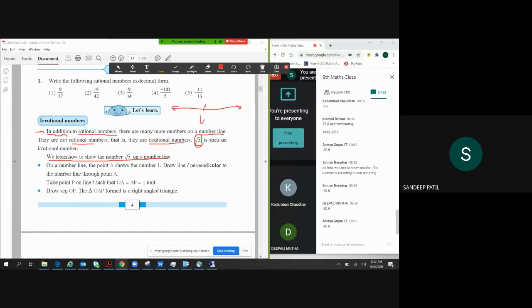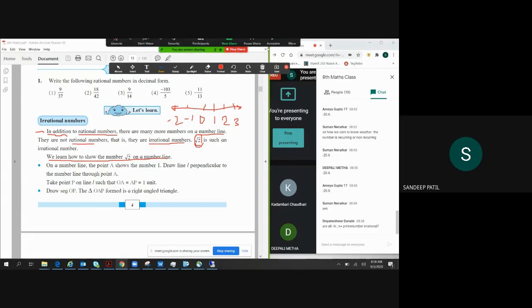This way we can show a lot of numbers on this number line, but there are some numbers which we can't represent like rational numbers, and they are called irrational numbers. So let's go one by one.